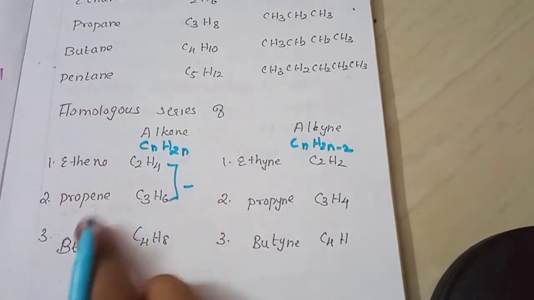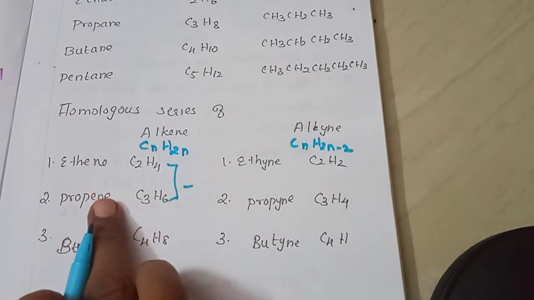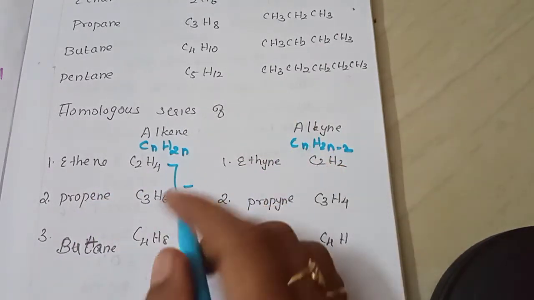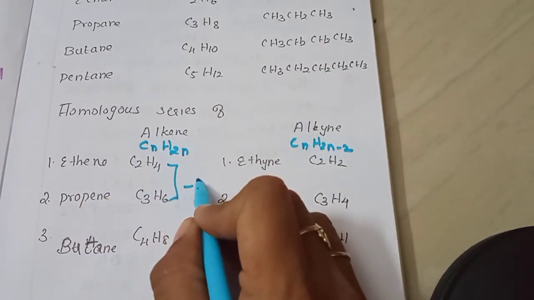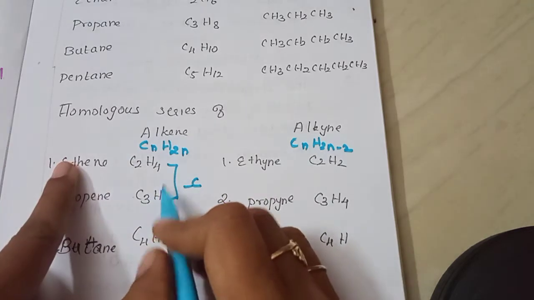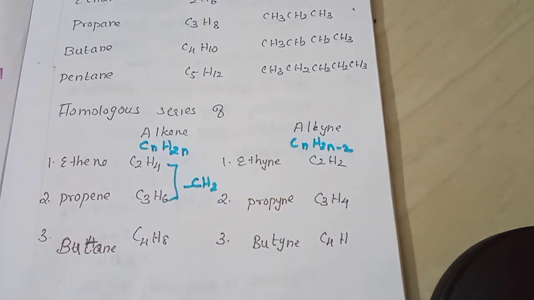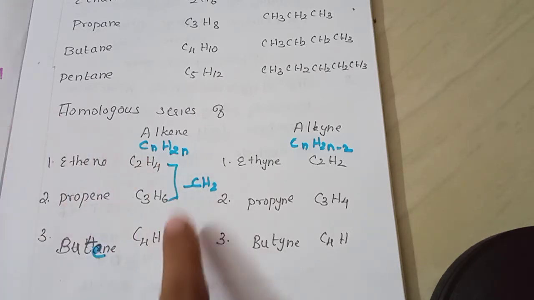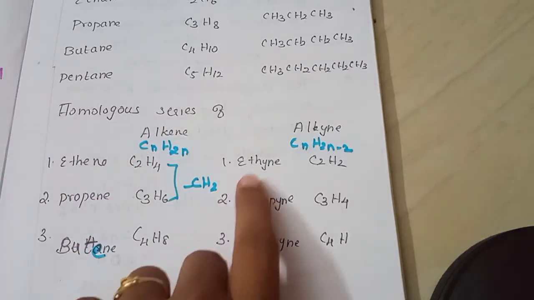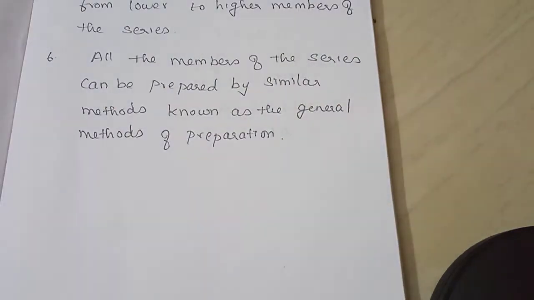This one is saturated, this one is unsaturated, with a double bond and a triple bond. So 3 minus 2, 1 carbon, and 6 minus 4, 2 hydrogen, CH2. So the successive members of the family differ by CH2. This is an alkene.